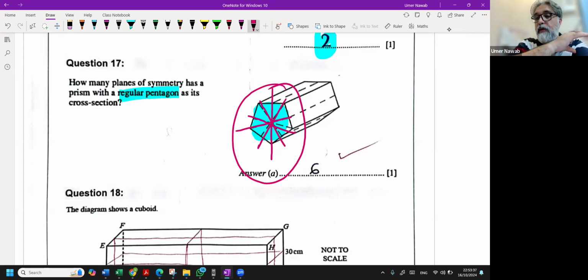If the pentagon is taken back, you can get a prism. So the prism has planes of symmetry because it's a 3D shape.